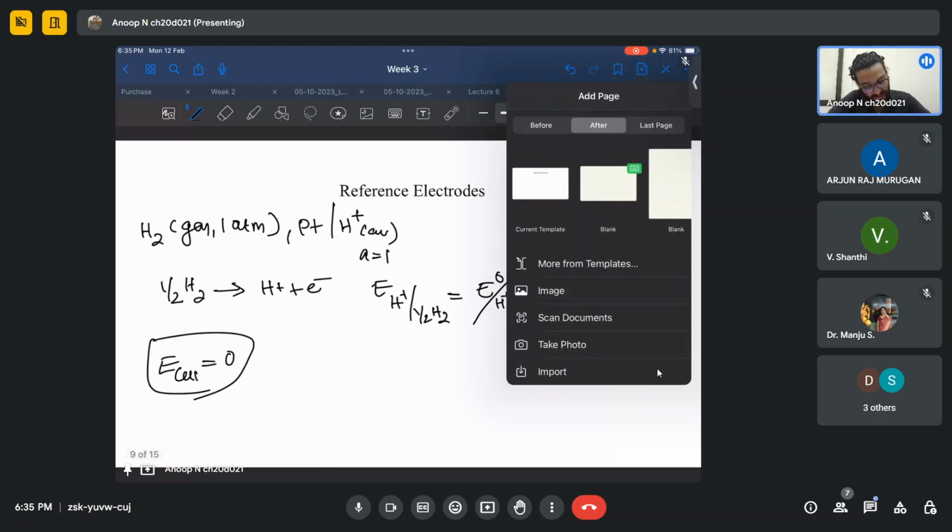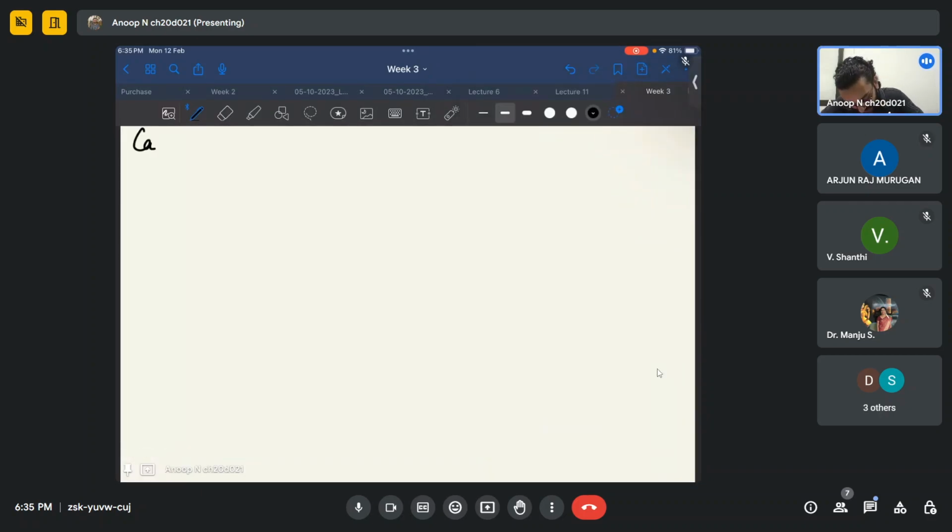So the next example is the calomel electrode. How many of you use the saturated calomel electrode and AgCl? How many are familiar with the electrodes? All of you. How many of you are using these electrodes in lab?